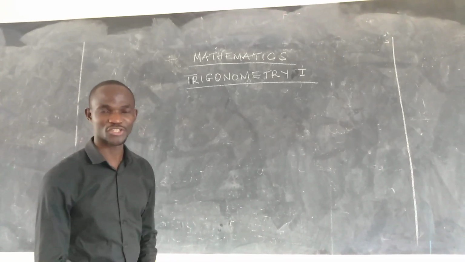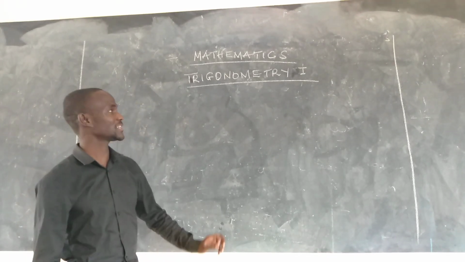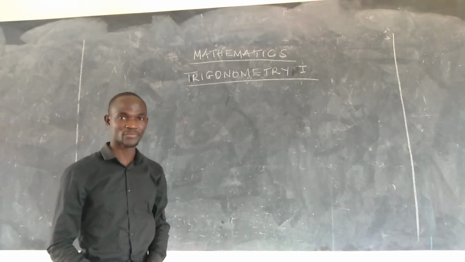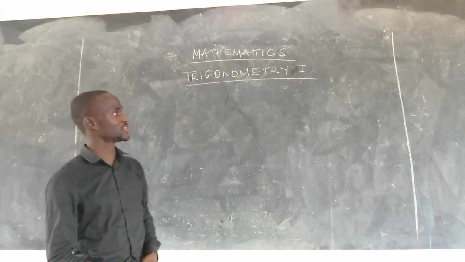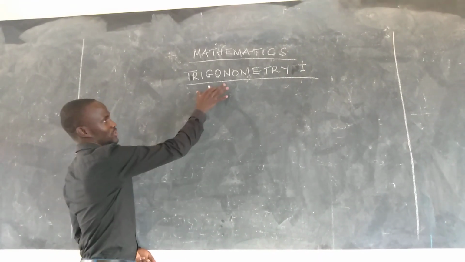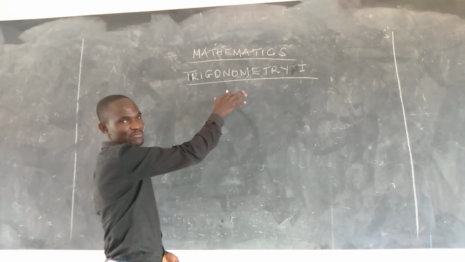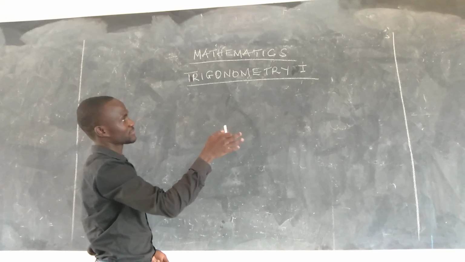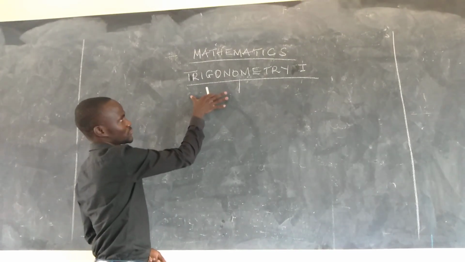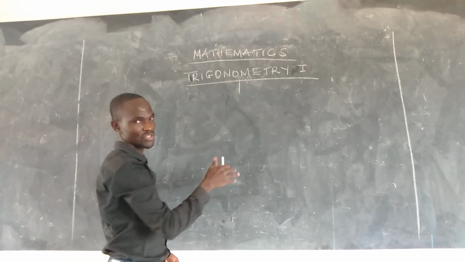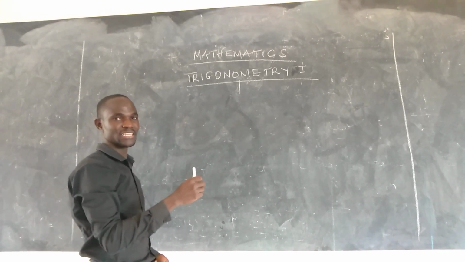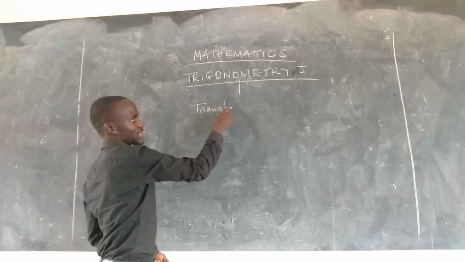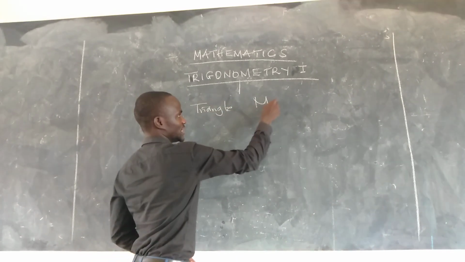Today we want to continue with the Form 2 syllabus, the topic Trigonometry 1. And in the introduction, I want to introduce this concept of trigonometry, and then I want to split it into two aspects, trigono and then metry, whereby we want to specifically deal with a triangle and then the measure.